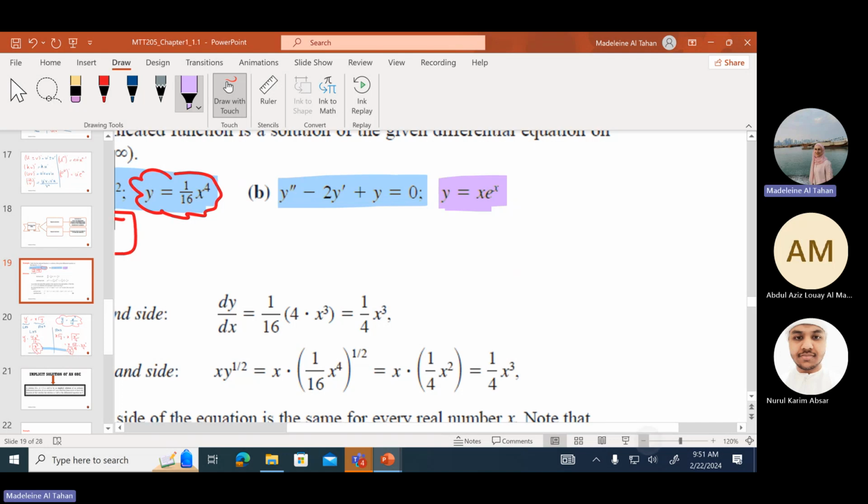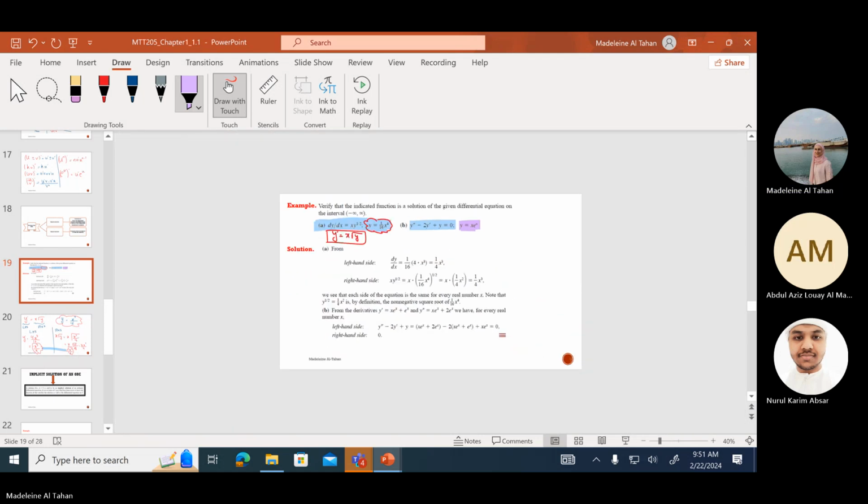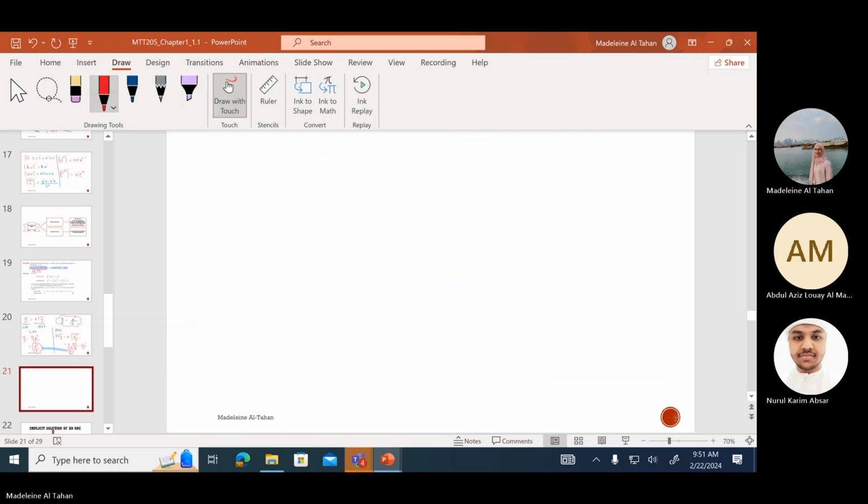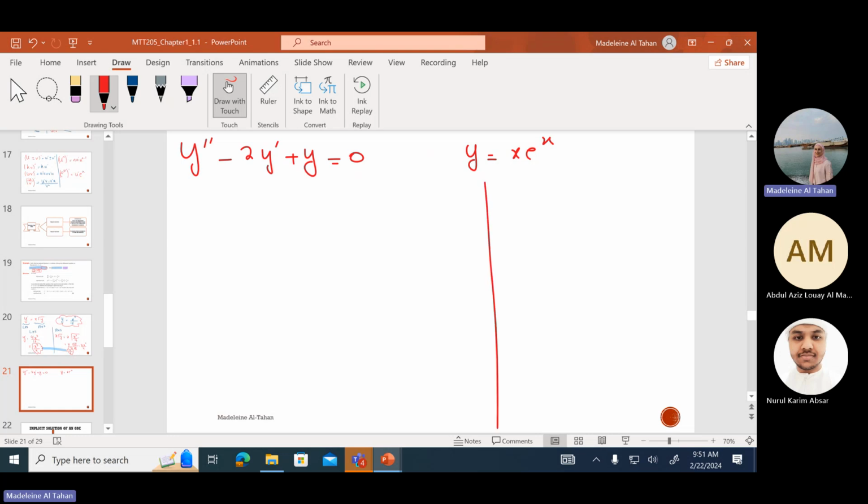So again, we will have the left-hand side and the right-hand side.